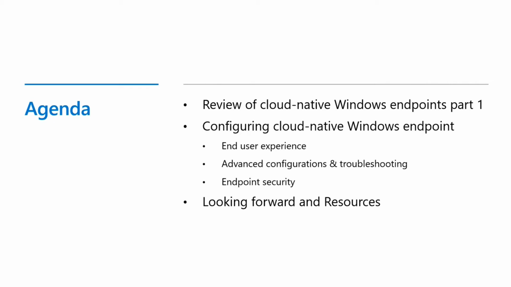We've got some deep dives into things like ensuring that you've got local admin rights set up on the devices, and what printing solutions are out there. And then finally, we'll talk about endpoint security, so securing these devices that are in the cloud. And then, as always, we'll do some next steps and some Q&A at the end.